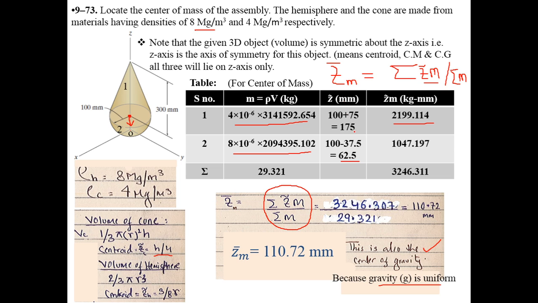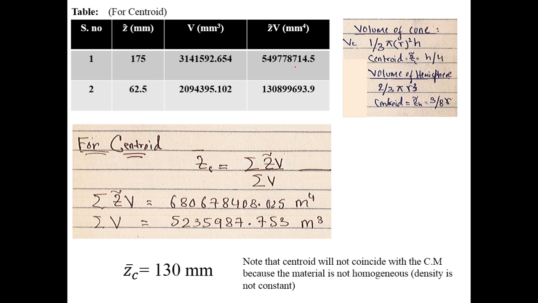So the values of the centroid and the values of the volumes can be simply copied from this table to the table for centroid, but only the last column will change. Here we were calculating z tilde m, the unit is kilogram millimeter, but when we calculate the centroid, we are calculating the product z tilde v.